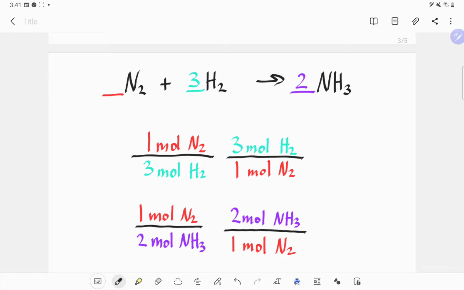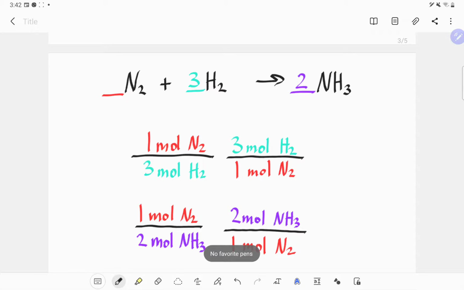Because there's a 1:3 ratio, for every 1 N2 we need 3 H2s. Or we could write it vice versa. We could say for every 3 moles of H2, we need 1 mole of N2.